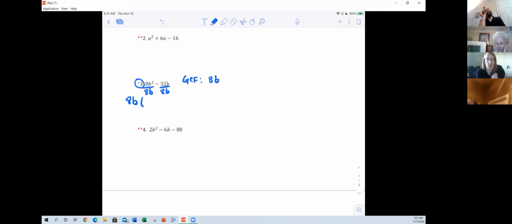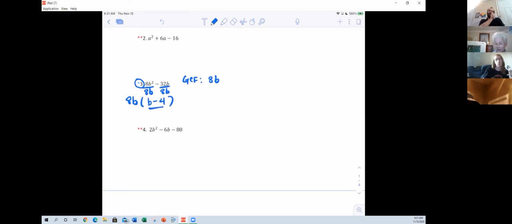B minus 4. Can we take it any further than that? No, that's as far as we can go, because this new binomial in here is not the difference of two perfect squares. So once we've factored out the GCF, we're through.